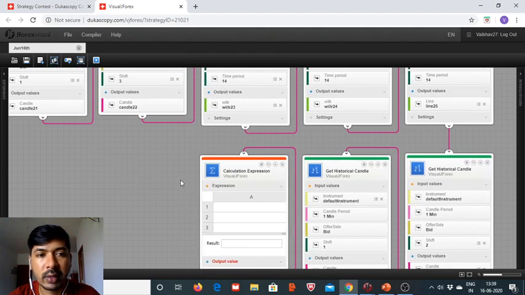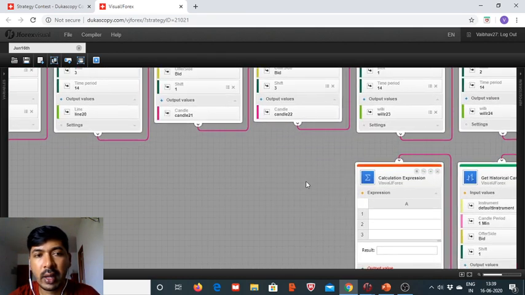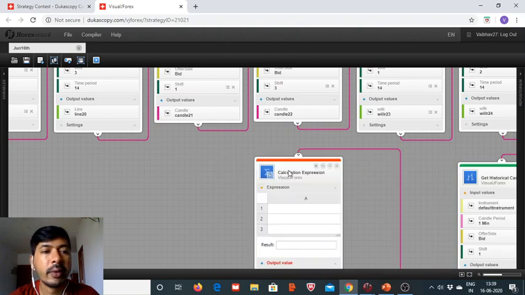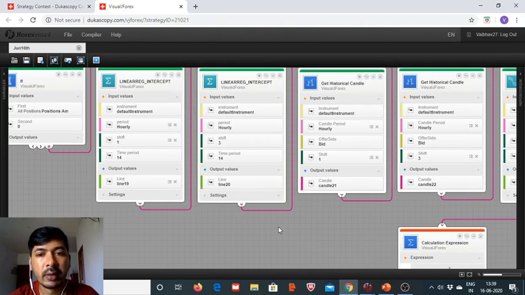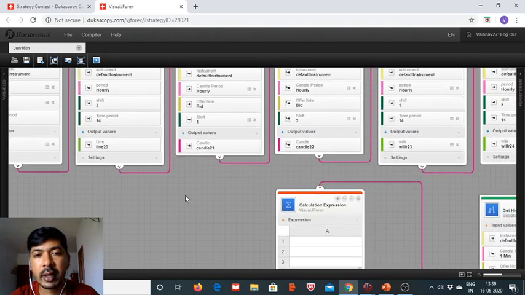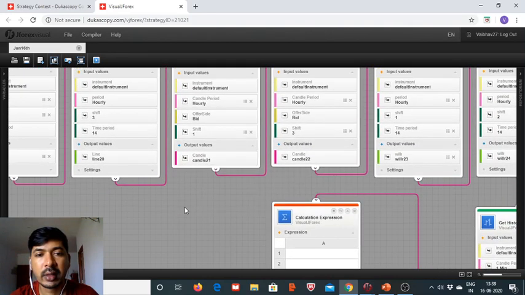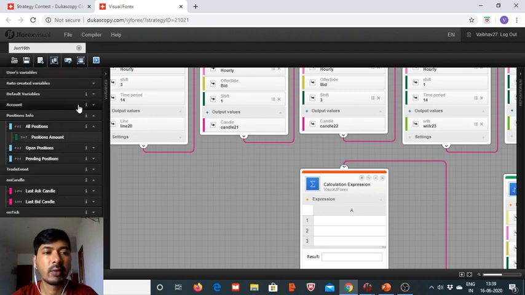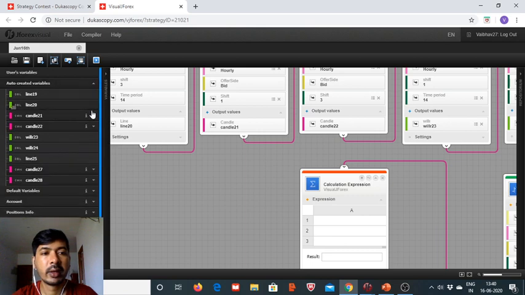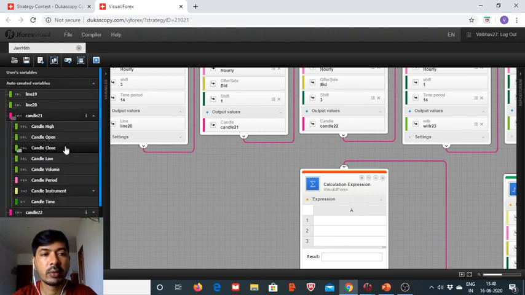So we first have to take the last hour's candle close, and that last hour's candle is candle 21. So we take candle 21's closing level, and here it is, candle 21's close.